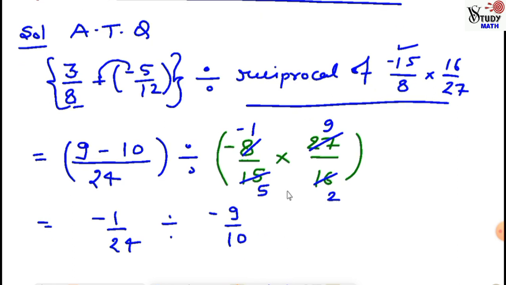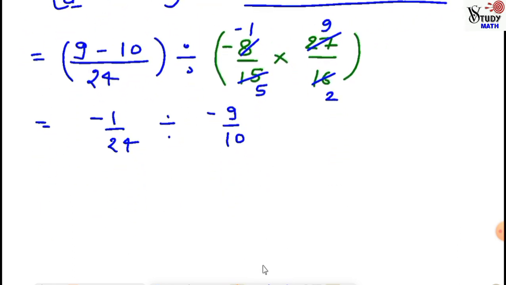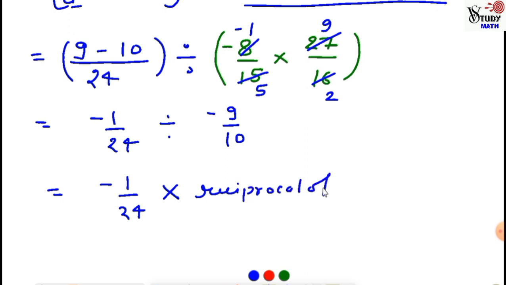Now what we have? Negative 1 by 24 remains the same. This divide sign is now converted into a multiply sign. Now again we have to write the reciprocal of negative 9 by 10.